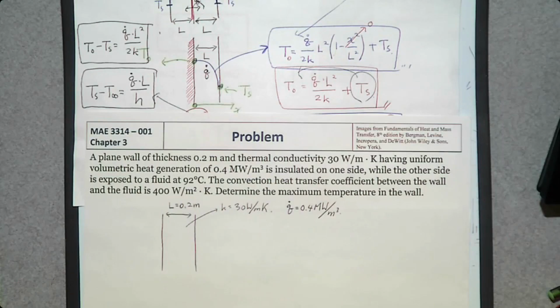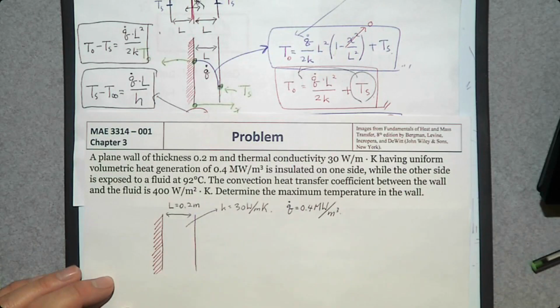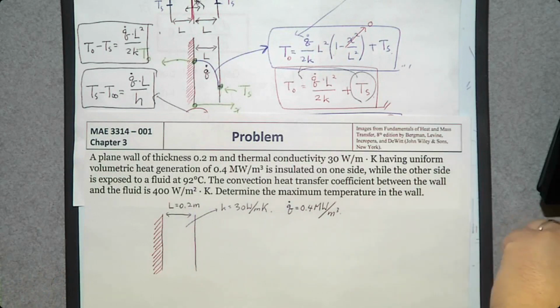And one side is insulated. I'm going to say the left-hand side is insulated. And the other side is exposed to a fluid whose temperature is 92. Then what is the temperature distribution?